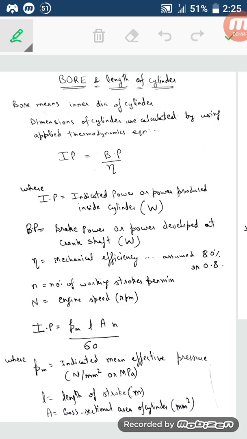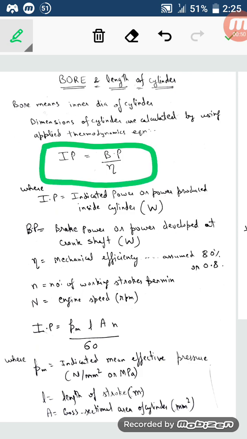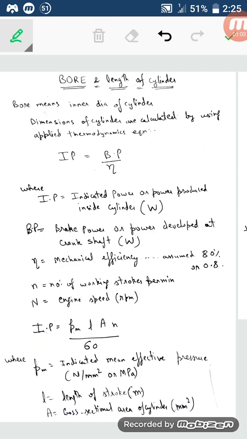So how will I be calculating the dimensions of the cylinder? I'll be using this applied thermodynamics equation, which says IP is indicated power, or power produced inside the cylinder, and BP is brake power, or power developed at the crankshaft.